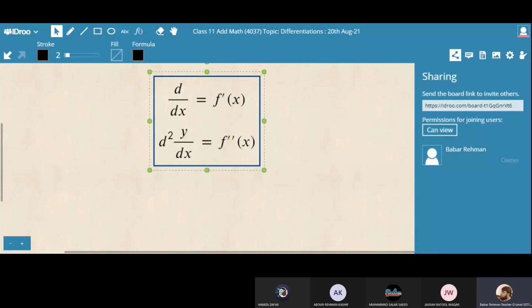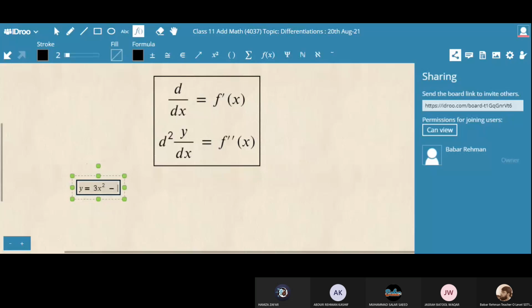If I ask you to find a double derivative, we can have a direct question. Look at this: y is equal to 3x square minus 5 upon x. Find the double derivative.